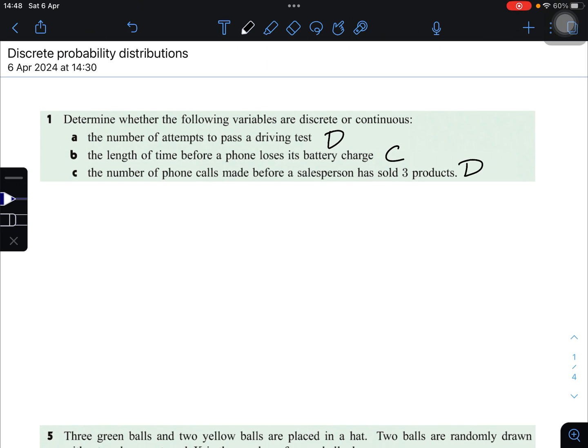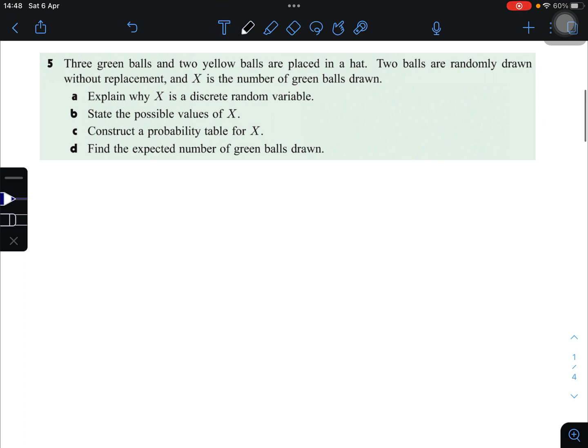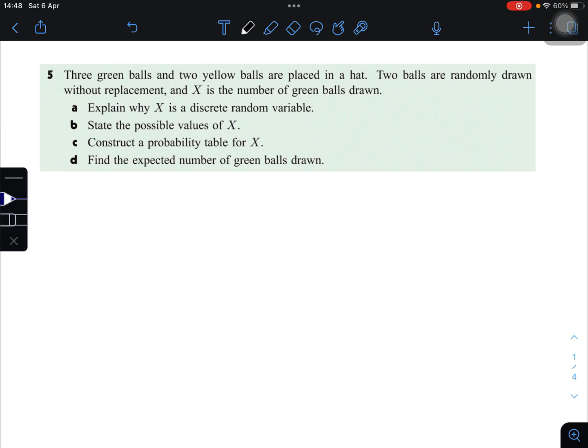These are very much non-calculator questions as well, so I'm going to try to do most of them without a calculator. So the next question I've picked off randomly is: 3 green balls and 2 yellow balls are placed in a hat. 2 balls are randomly drawn without replacement, and x is the number of green balls drawn. Explain why x is a discrete random variable.